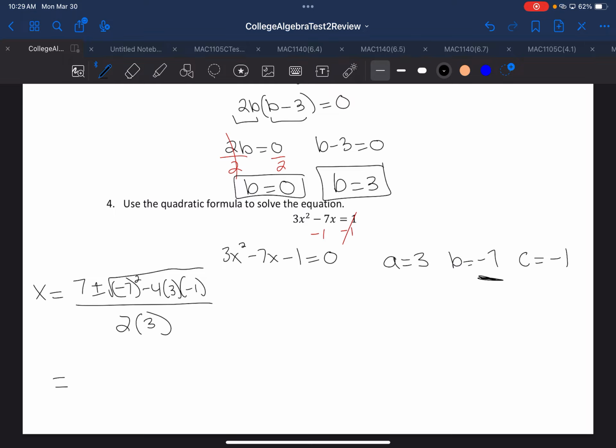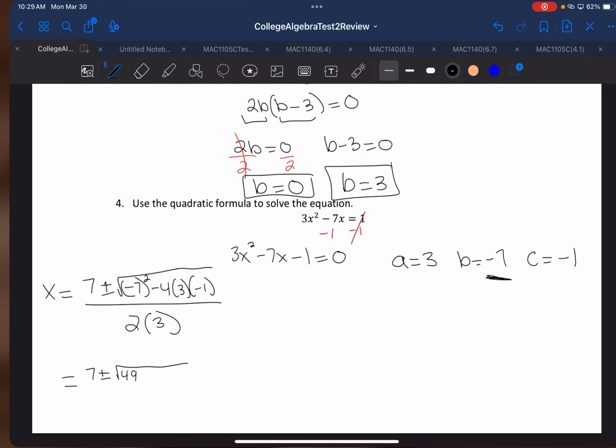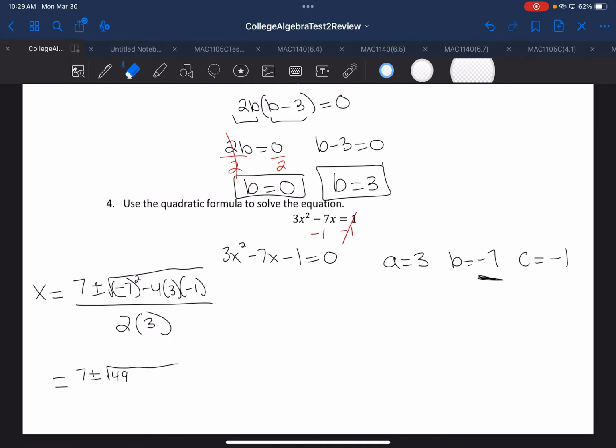And then I'll simplify. So 7 plus or minus negative 7 squared is 49. Negative 4 times 3 is negative 12, but negative 12 times negative 1 is a positive 12. Oops. So that will become plus 12 all over 6.